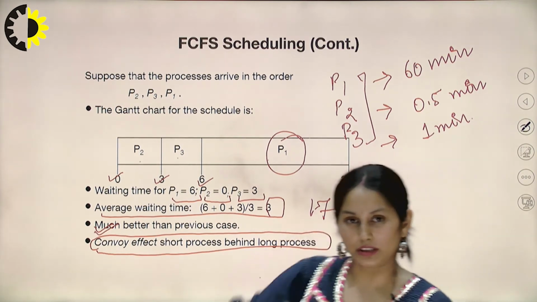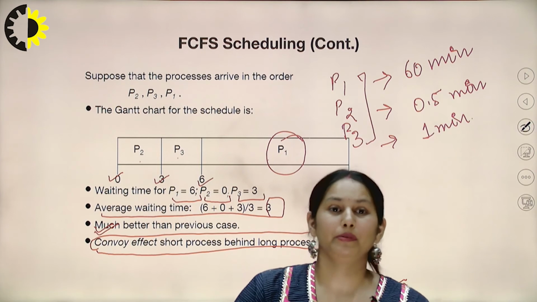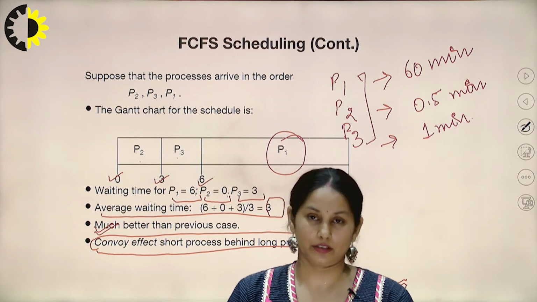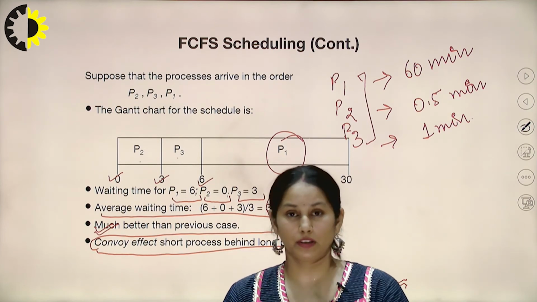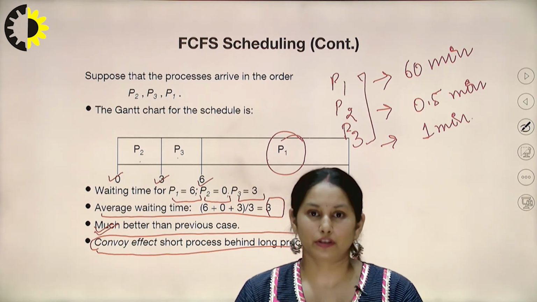So this is the burst time. What happens in this case? Your P2 and P3 will have to wait for 1 hour at least. So this is the convoy effect: your smaller processes will have to wait for a larger time, not even matching their burst time.